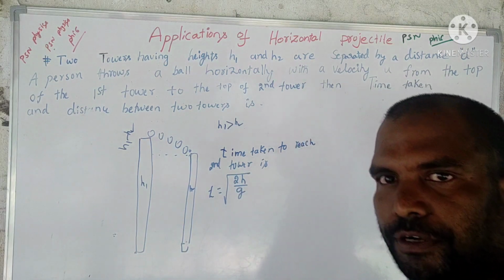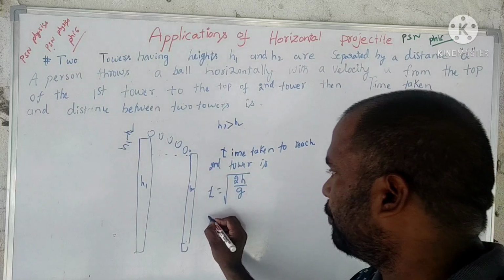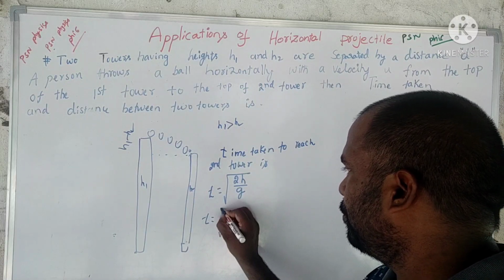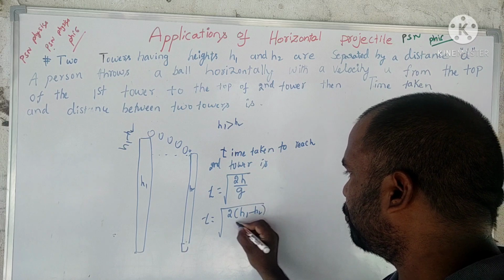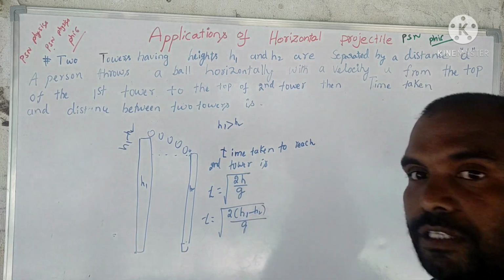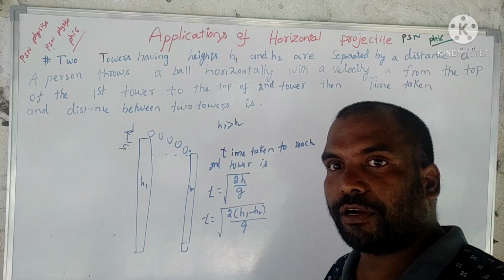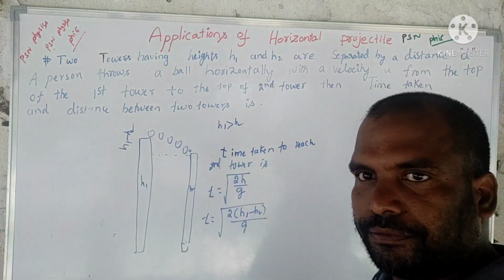Everyone knows that. From this relation, we can write T equal to root over 2 into h1 minus h2 upon g. This is the time taken by the body to reach the second tower.